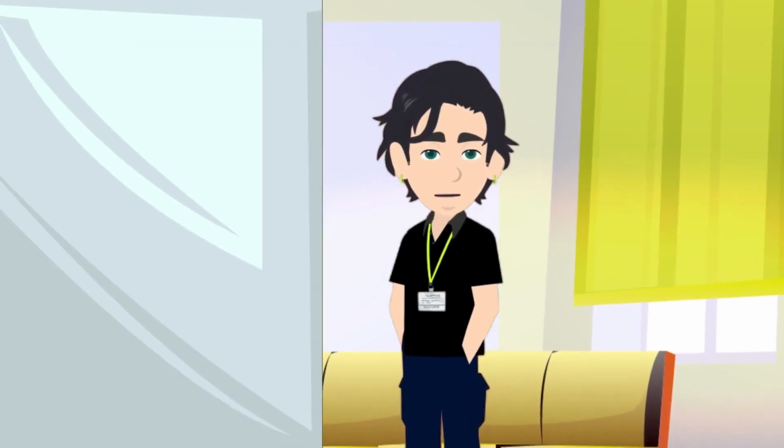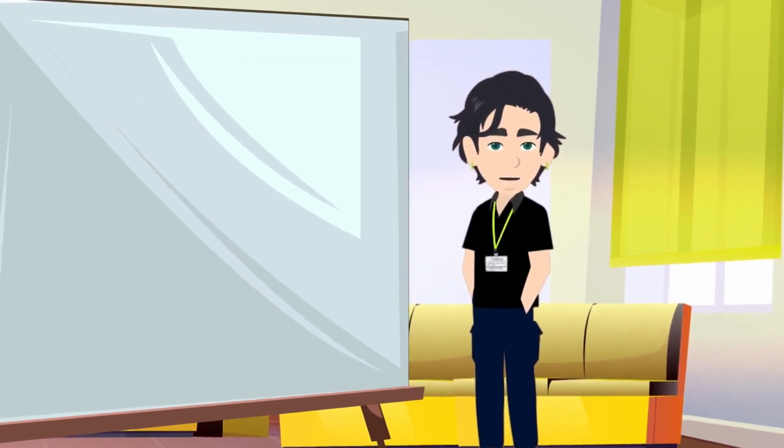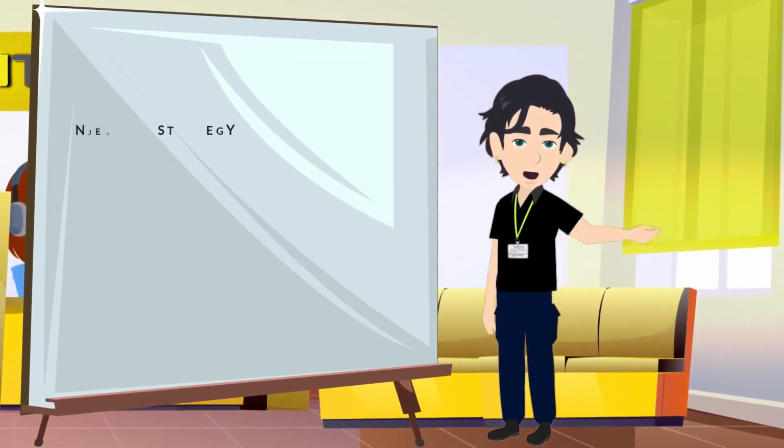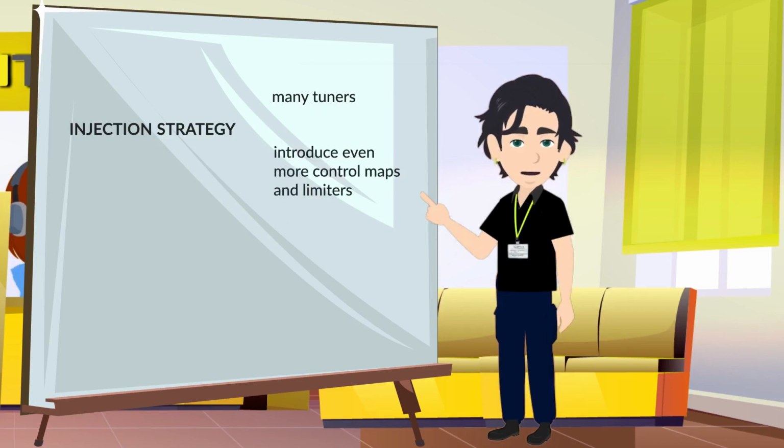We are almost at the end of this appointment, but first, let's conclude by analyzing the advantages and disadvantages of this strategy. While on the one hand, the injection strategy based on the calculation of the engine torque has allowed many tuners, even inexperienced ones, to take their first steps into the tuning world, on the other hand, it has allowed ECU developers to introduce even more control maps and limiters.